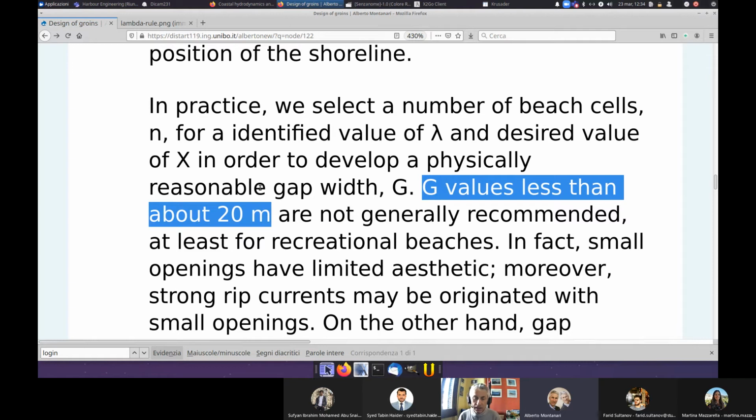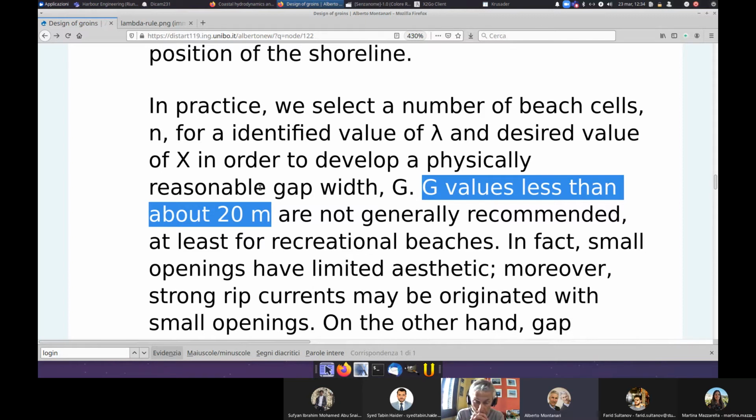At least for recreational beaches, you shouldn't adopt a gap lower than 20 meters.